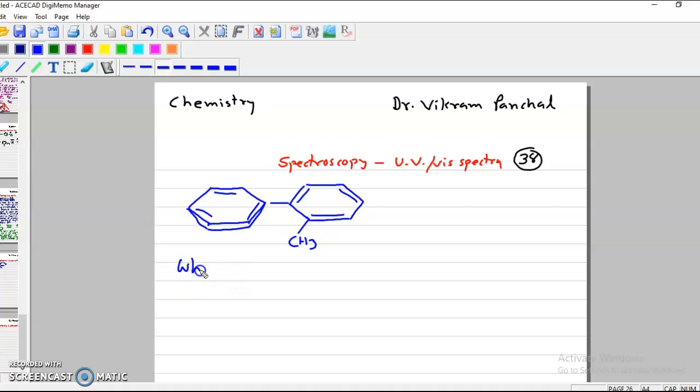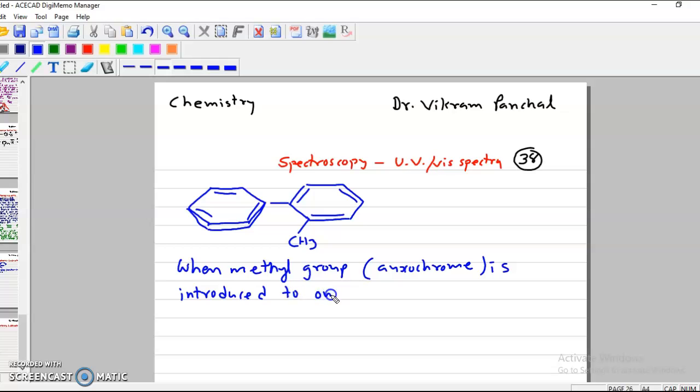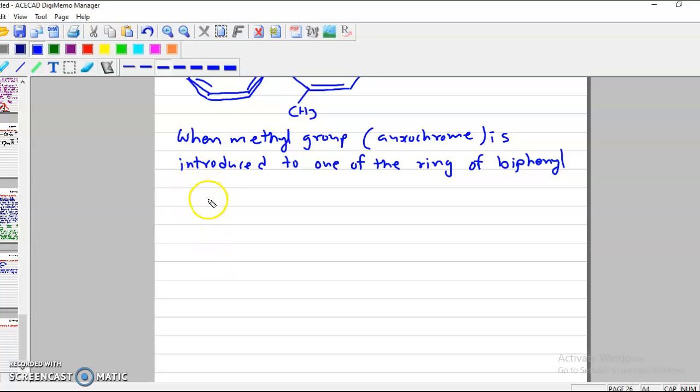Okay, so when a methyl group, which is oxochrome, that means it is not going to produce color, is introduced to one of the rings of biphenyl, the coplanarity of the biphenyl ring is destroyed.